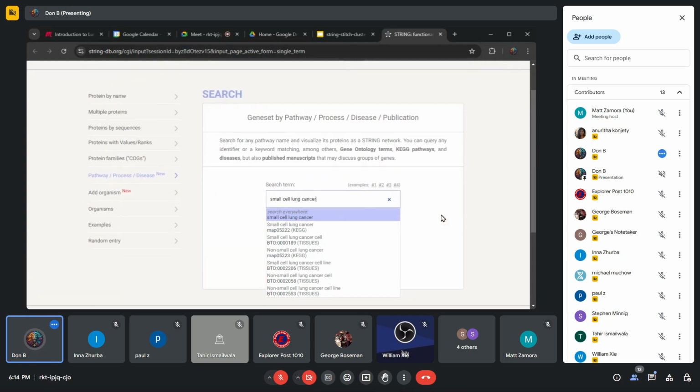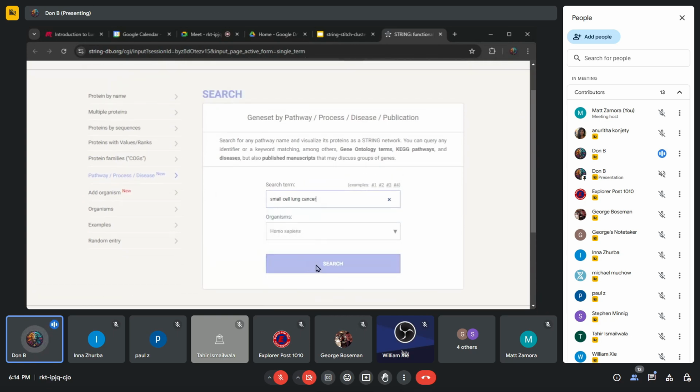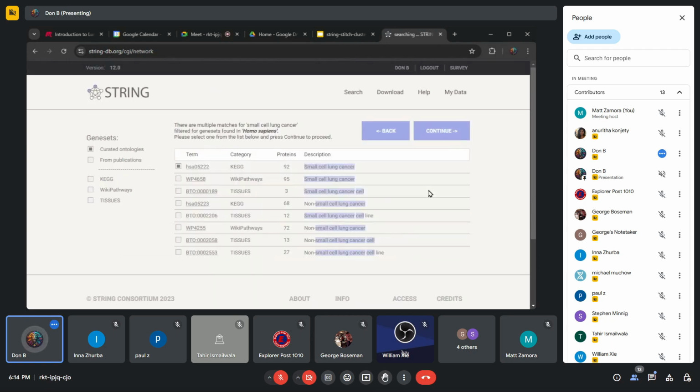It's going to be smart enough to also pull up non-small cell lung cancer, and this gets into the human in the loop aspect of the solution that I thought was valuable.